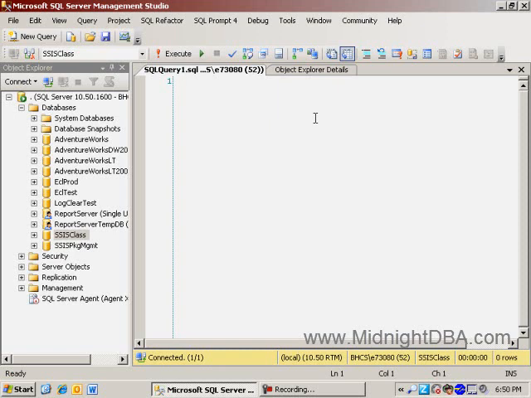But what if something happens and the log fills up and the application comes down, and you don't have enough backup space to take that big log backup? What do you do? You have to get the application back up and running because you're losing money, right? But at the same time, you also have to take that log backup, right? So now you're in a situation where you've got to make a decision, right?